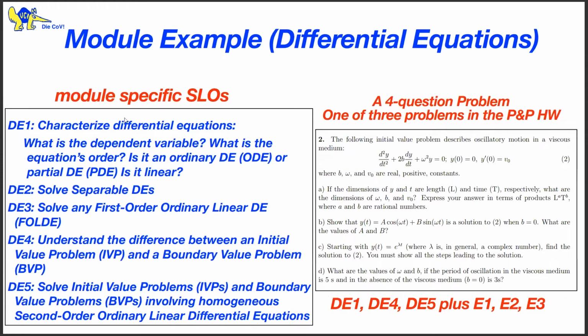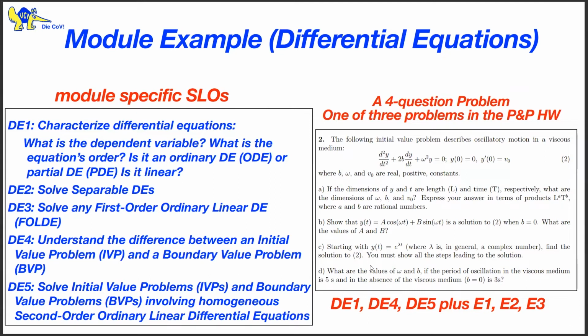In addition to essential skills, the students also have a list of specific skills for each module. That's an example of what the students get for a particular module called differential equations. And on the right, you have an example of an actual problem from a homework assignment.